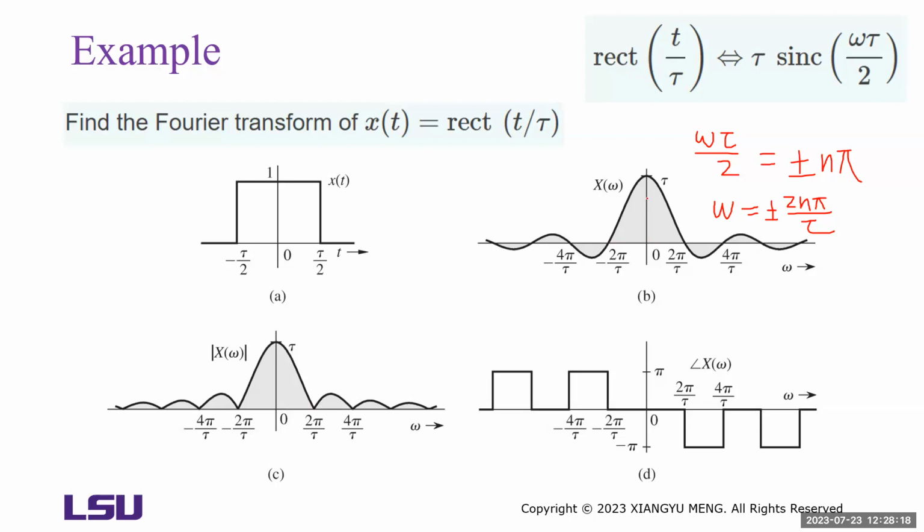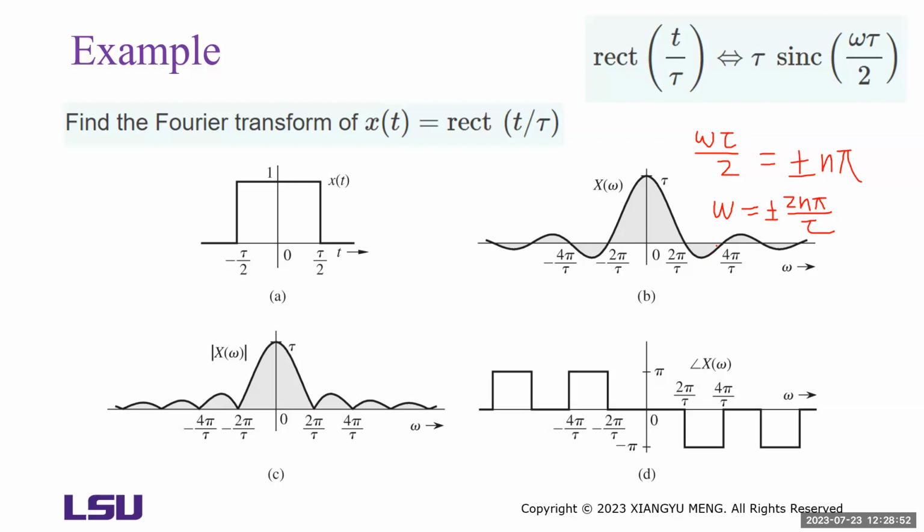The Fourier transform X of omega exhibits positive and negative values, but they are real values. We can consider a negative amplitude to be a positive amplitude with a phase of negative pi or pi.